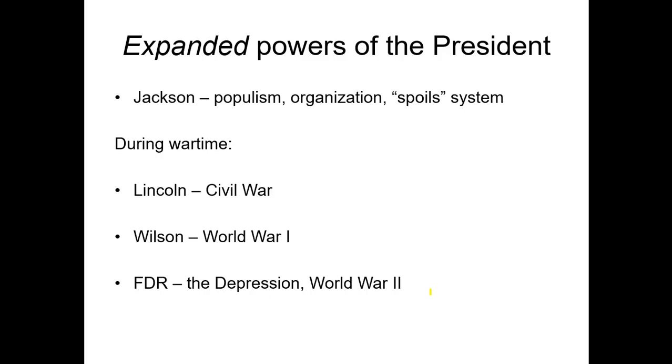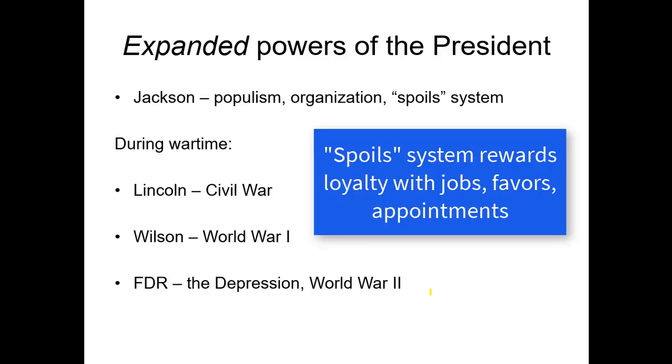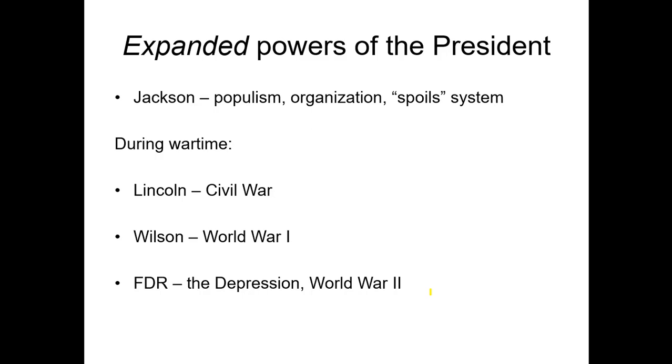We already talked about how he was responsible for organizing the Democratic Party when he was denied the presidency back in the 1820s. He also made full use of what is called the spoils system, where he passed out a lot of favors to people that would support him, help him get elected, or help take his power on down through the system.